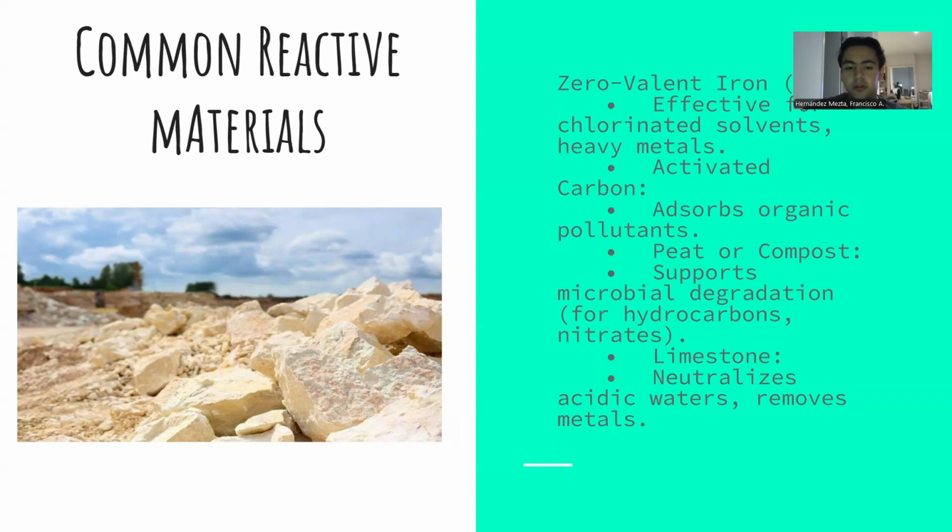Peat or compost helps microbial degradation, ideal for hydrocarbons and nitrates. And limestone is used when the water is acidic or when metal removal is needed. So overall, the barrier acts like a filter, but instead of just trapping contaminants, it actively reacts with them to clean up the groundwater as it flows through.